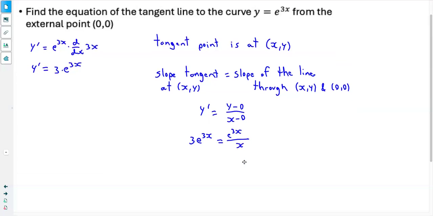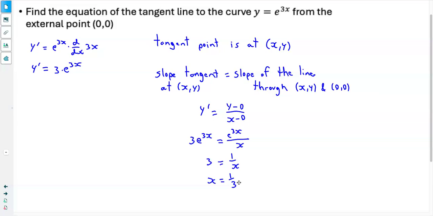Now you'll note that both sides have e to 3x, so if we divide that out, we get 3 equals 1 over x. Or rearranging this, we get x equals 1/3. So we now know the x value of our tangent point.